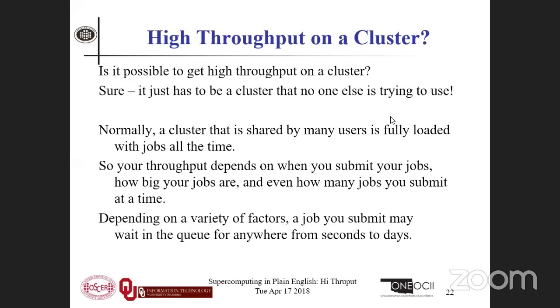There are many hundreds of other people, and they're keeping it loaded up with jobs all the time. Then you have to pick the right time to submit the jobs. And if you get lucky that today it's less busy in a particular way than on other days, then you might get your jobs to go through the machine. There are a lot of different factors that are going to control how long it's going to take to get your work done. And most of those factors have nothing to do with you, and you can't do anything about them.